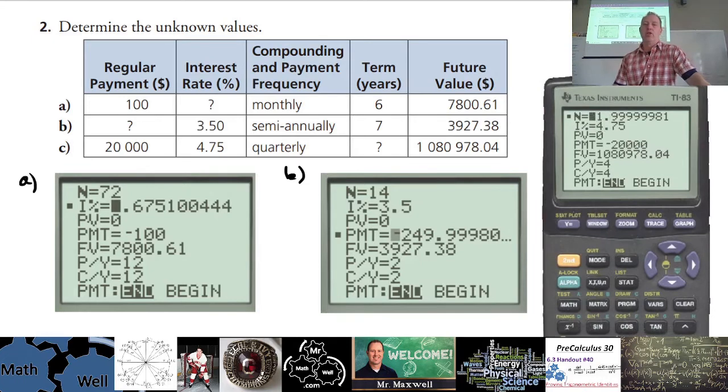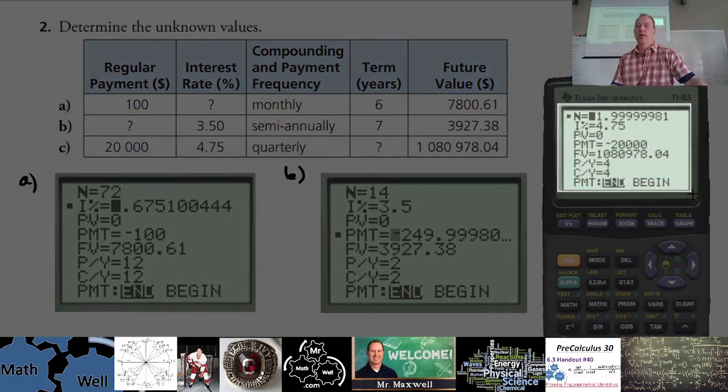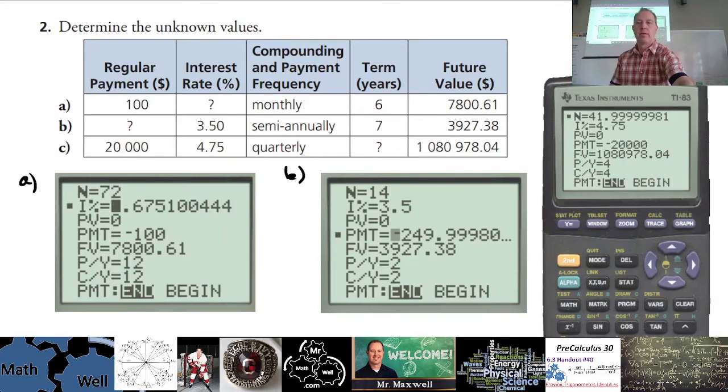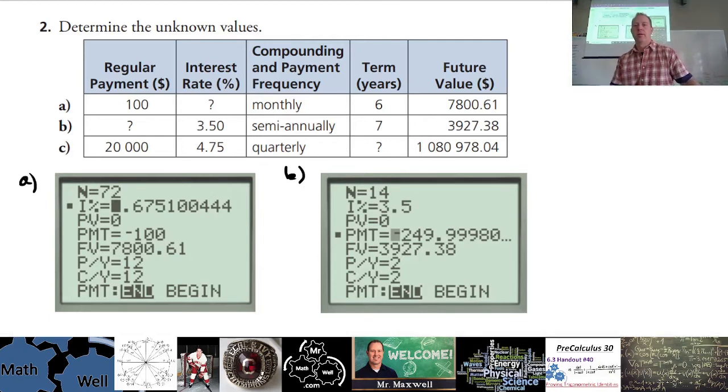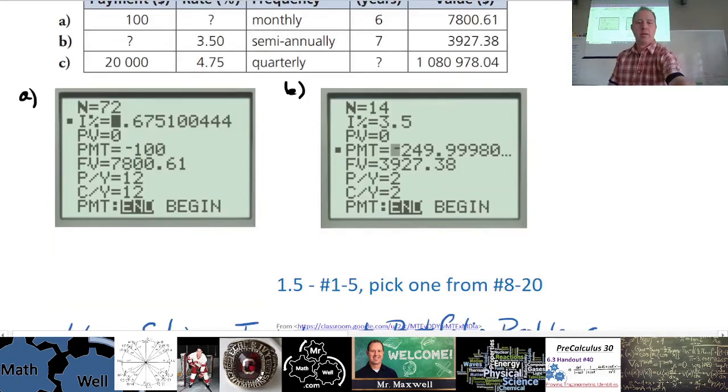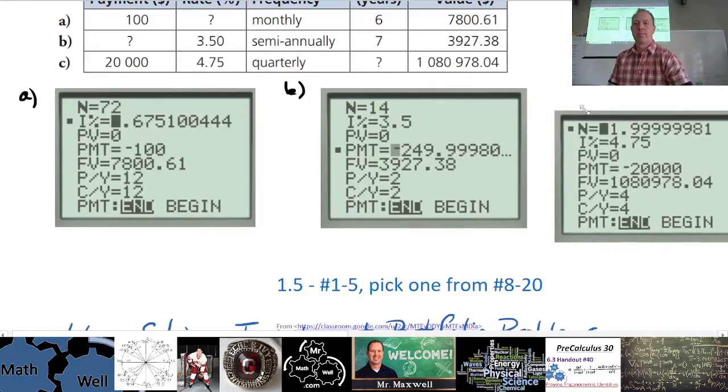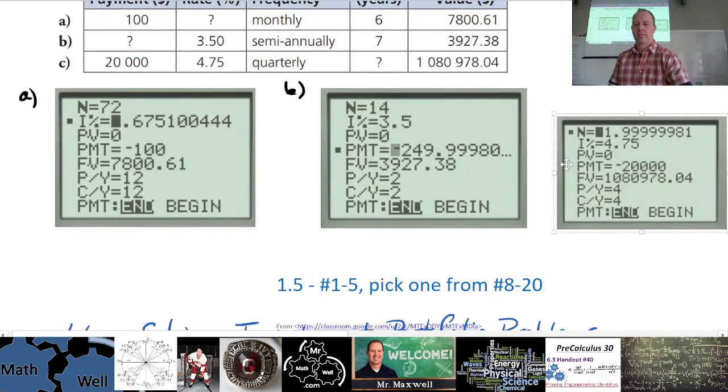So how many years is that? You divide by 4. What's 42 divided by 4? N is 42.